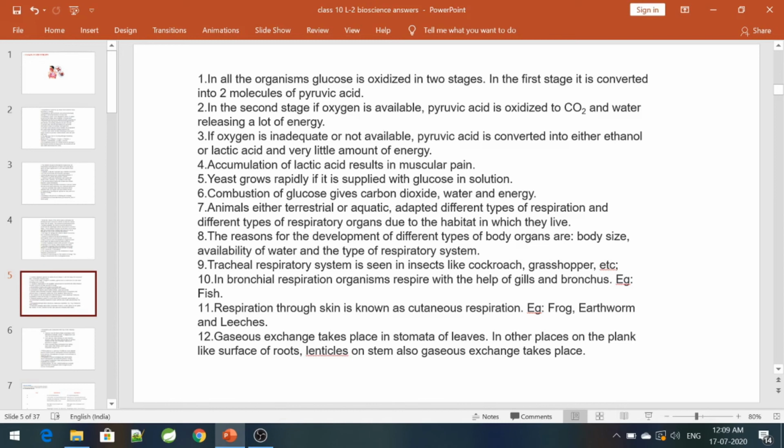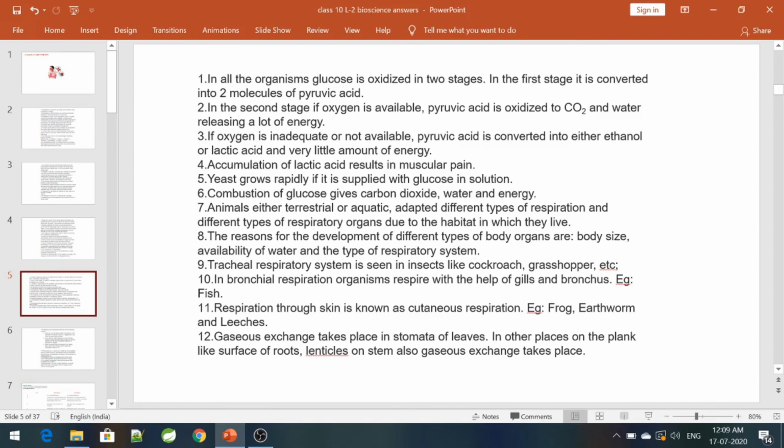The reasons for the development of different types of respiratory organs are body size, availability of water, and the type of respiratory system. The tracheal respiratory system is seen in insects like cockroach and grasshopper. In branchial respiration, organisms respire with the help of gills, for example fish.